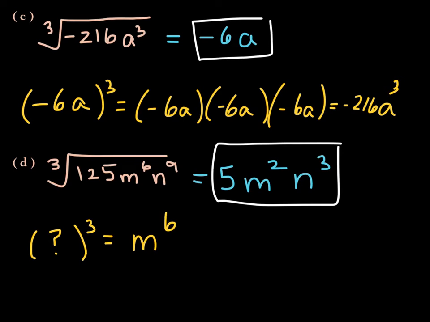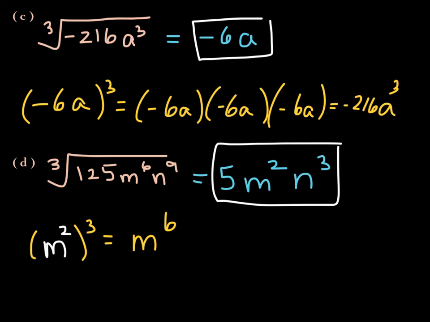Now, we know our properties for exponents. We know that whatever we write inside here and whatever exponent I write right here will be multiplied by 3 to give me 6. That means this would have to be m squared because 2 times 3 is 6. So that's how I got m squared.